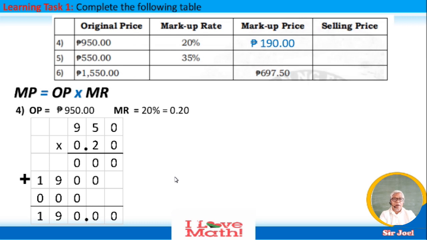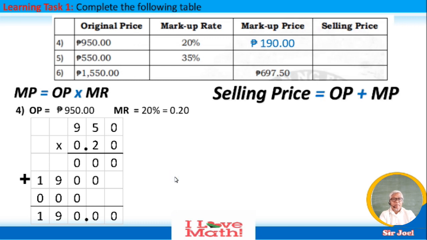Okay? Now, how can we compute the selling price? So, selling price this time is original price plus the MP o yung tinatawag nating markup price. Kanina, sa discount, minus ang ginamit. Pero ngayon, sa markup price, plus naman.